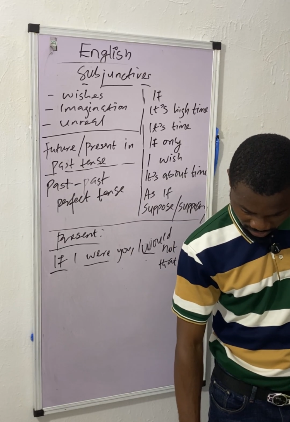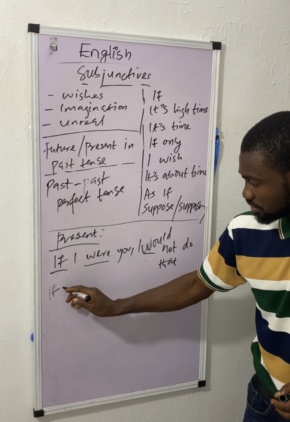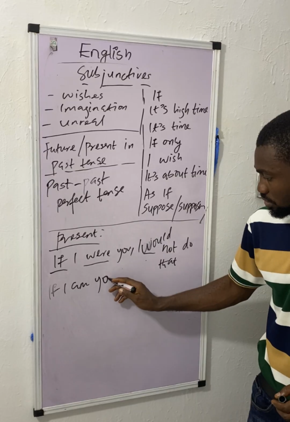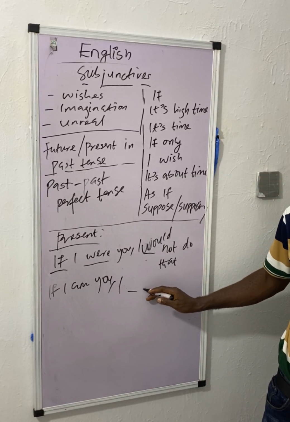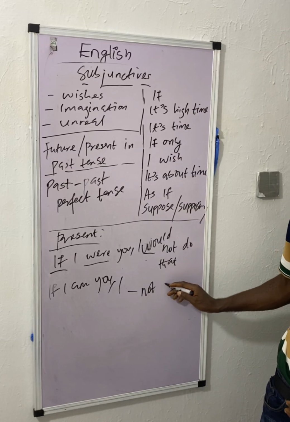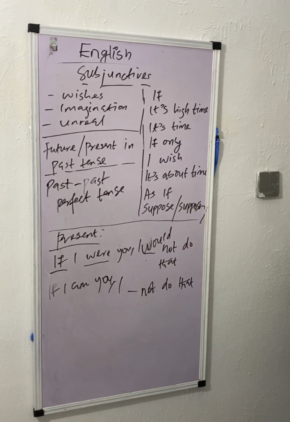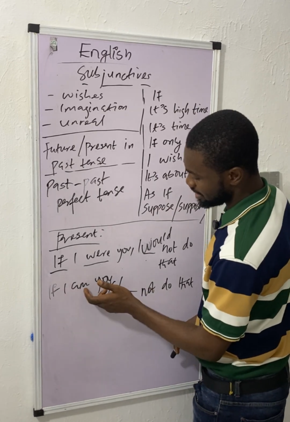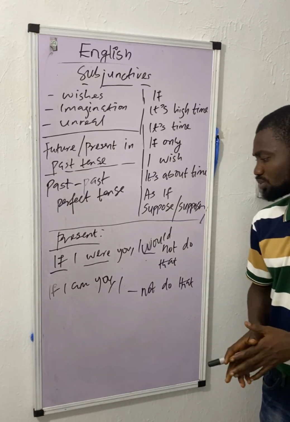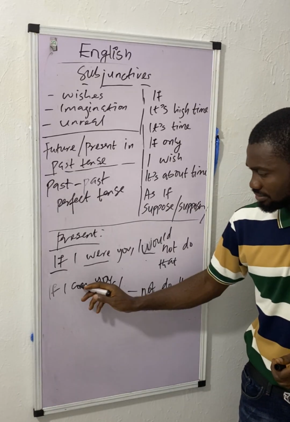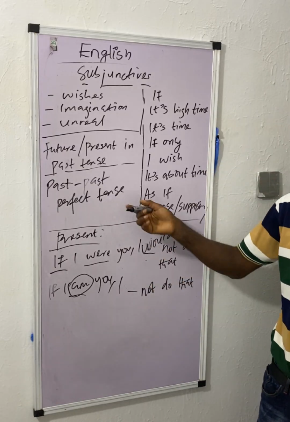The next that we are looking at, for example, let me give another example. If I am you, comma, I would not do that. So if I am you, we can't use am to express the future because am is present.